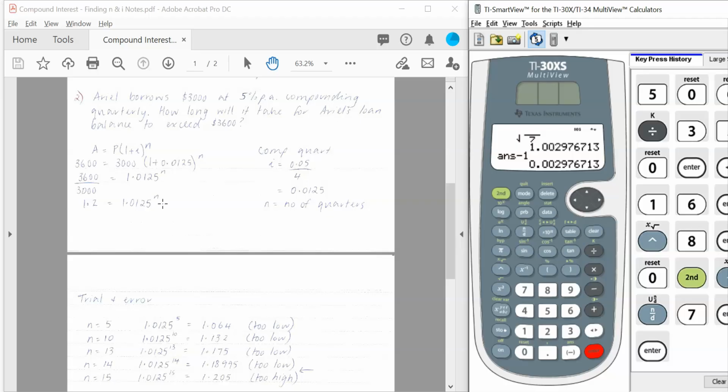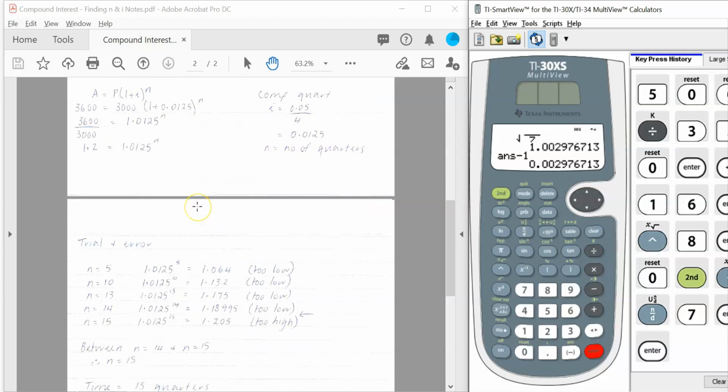In order to find what that value of n is, because it's in the power, we don't have the skills in this course to be able to work out algebraically what that value is. So what we have been doing so far when we've come across problems where our unknown has been in the power is we've been using trial and error. And that's what we're going to do here, use trial and error just like we did in Unit 3 to find unknowns that are in the power.